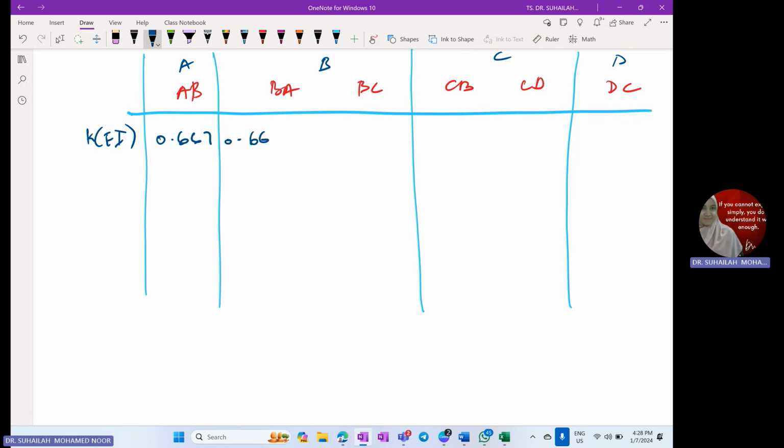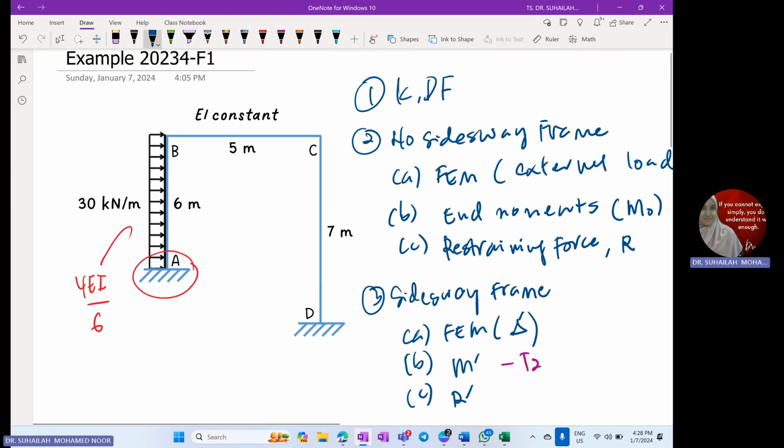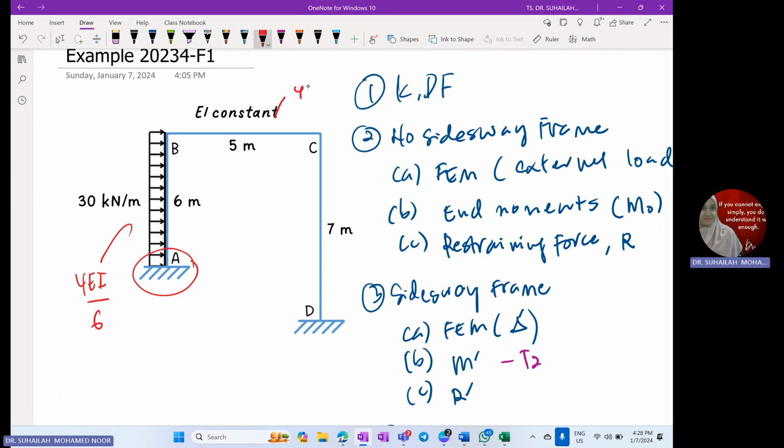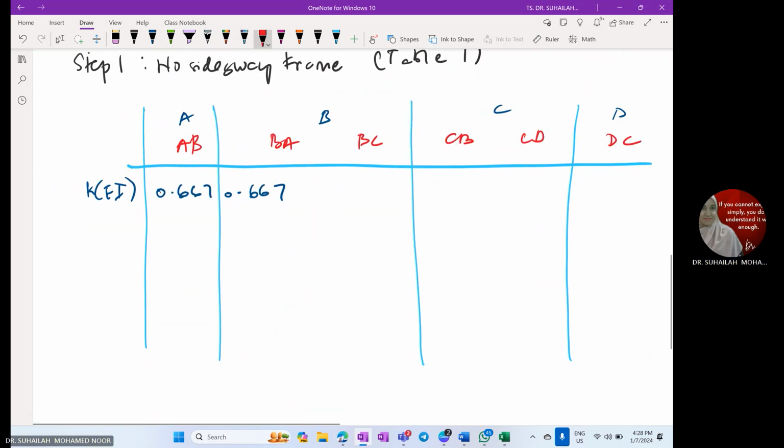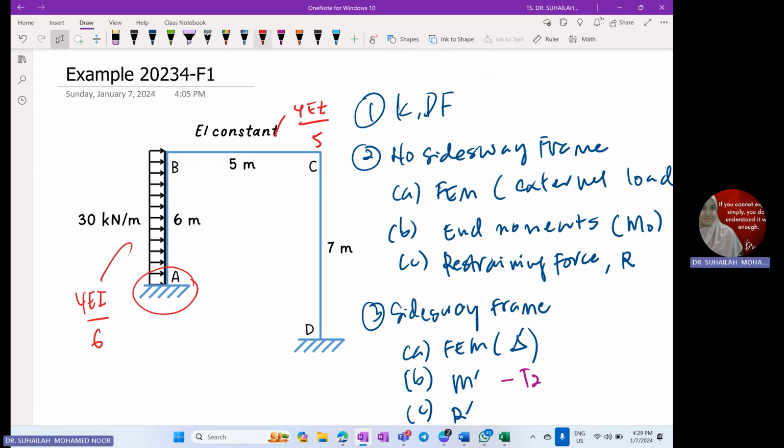Okay, for member BC, it is 4EI over 5, which is 0.8. Next is also far end fixed, so we use 4EI over 7.